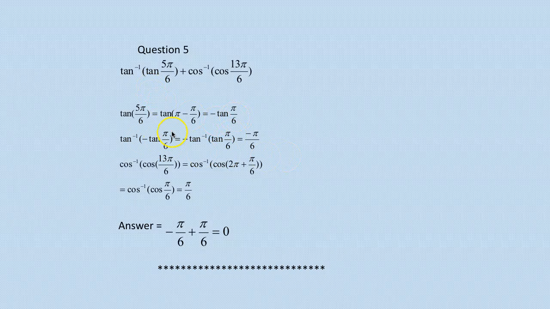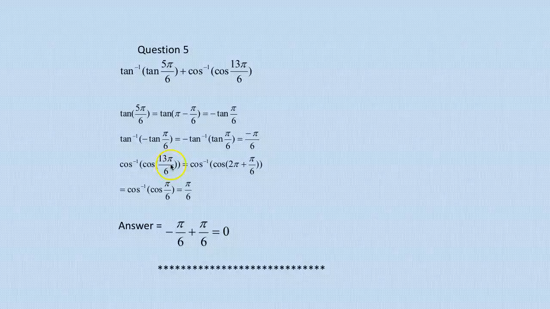So tan inverse of minus tan pi by 6 becomes minus tan inverse tan pi by 6, because tan inverse of minus theta is minus tan inverse theta. So this becomes minus pi by 6.